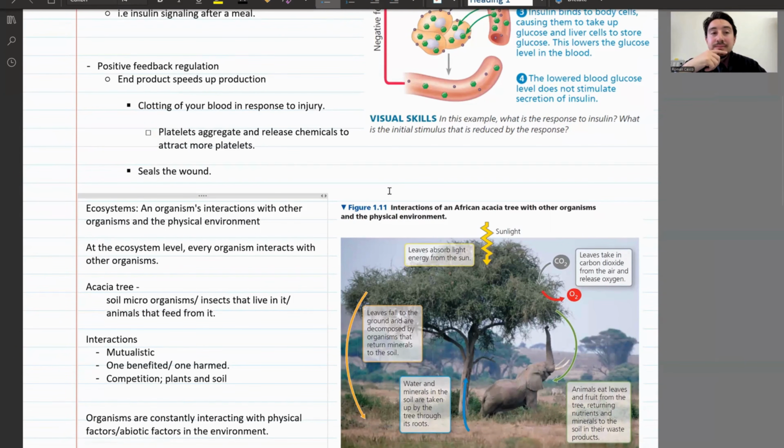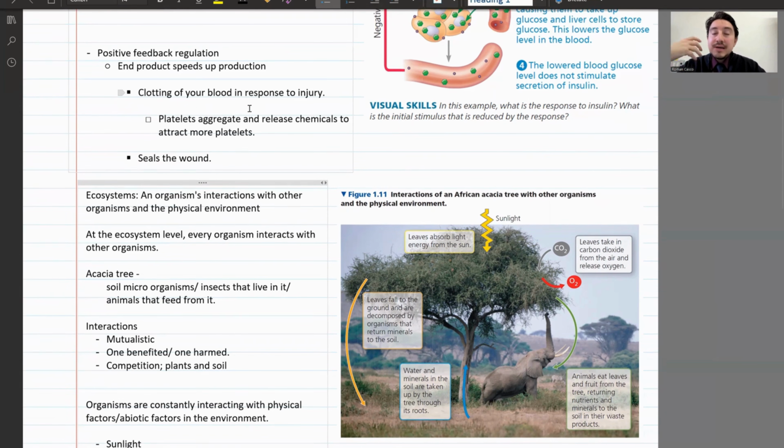And then there you have another form called positive feedback regulation. Here, positive feedback means that it reinforces, so the end product that you're making will speed up even more production. One common example is clotting of your blood in response to injury, right? If you get an injury, you get a cut, this will trigger a reaction, an inflammatory response for blood clots, platelets to come and aggregate.